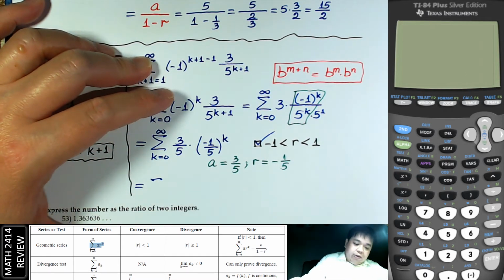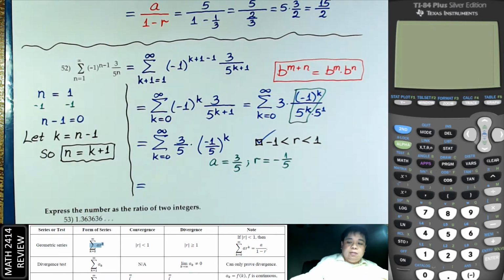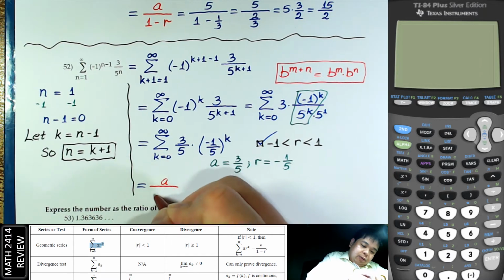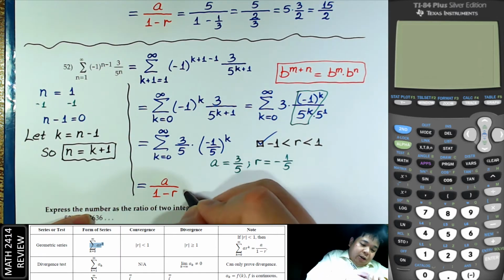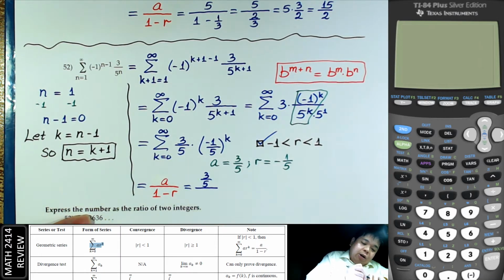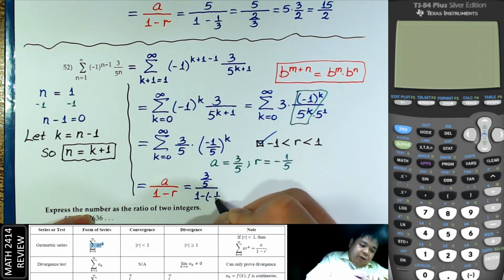So we can use the formula, which is a over 1 minus r. a is 3 over 5 over 1 minus r, 1 minus -1/5.